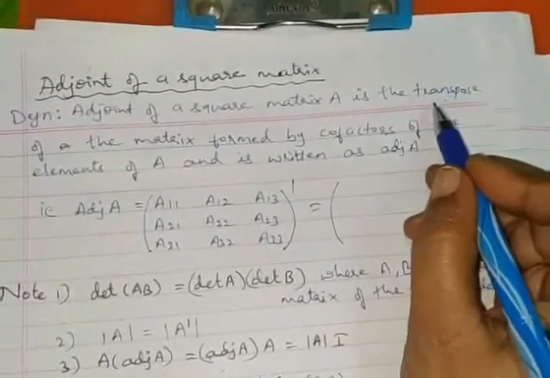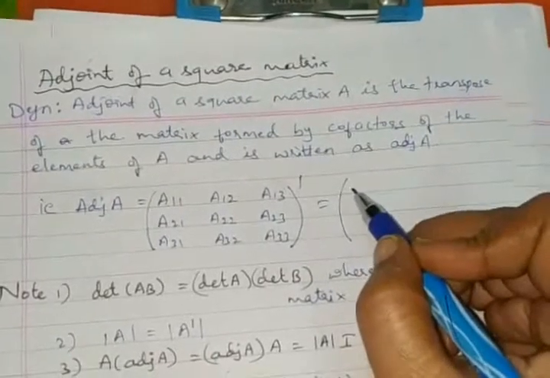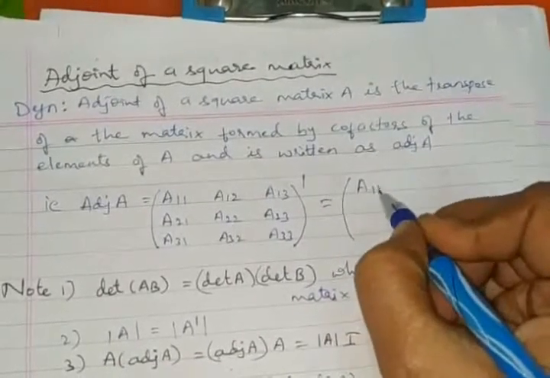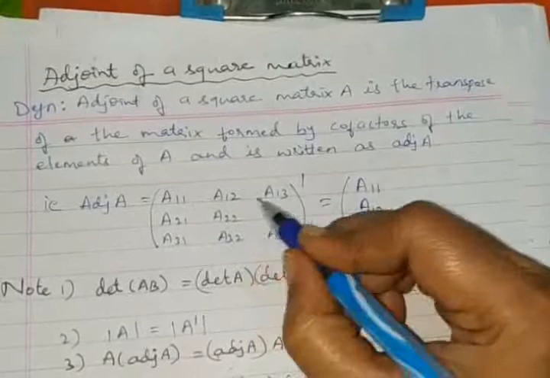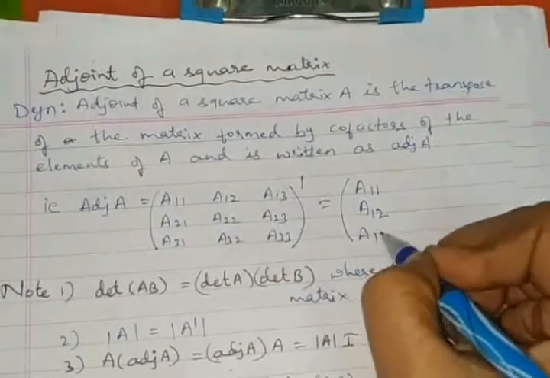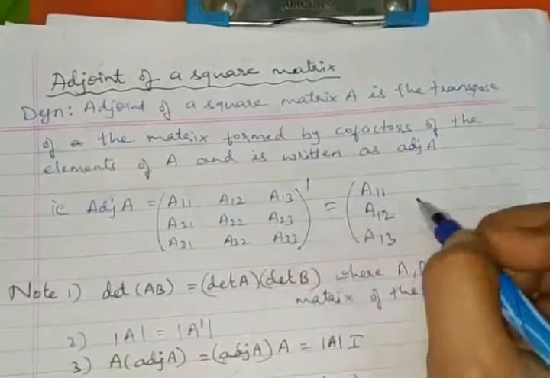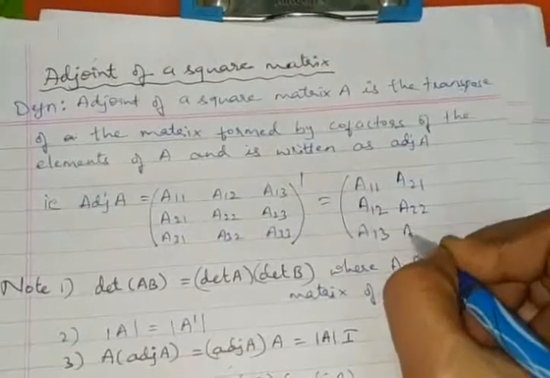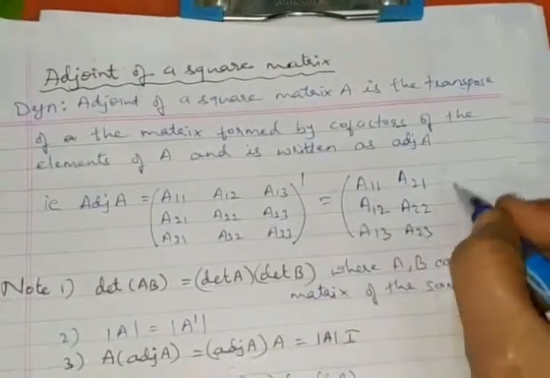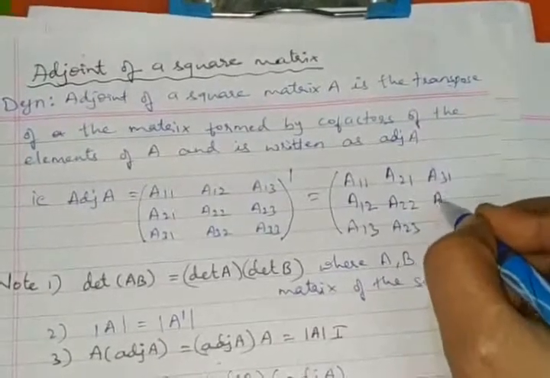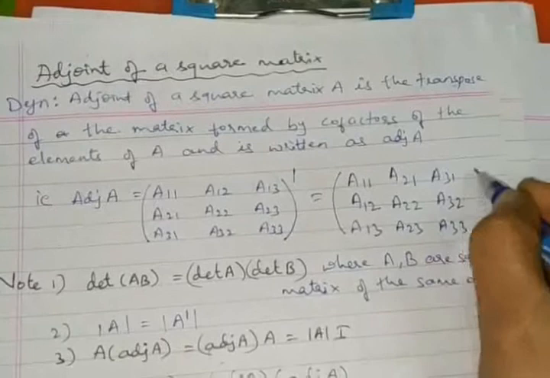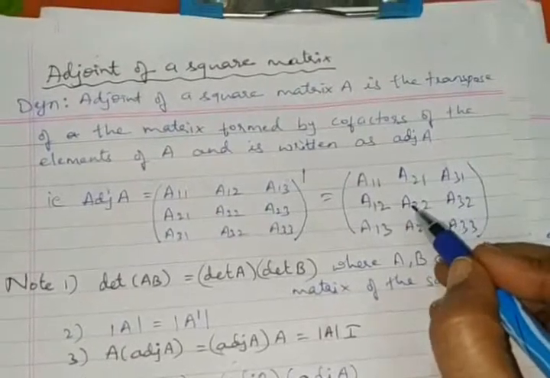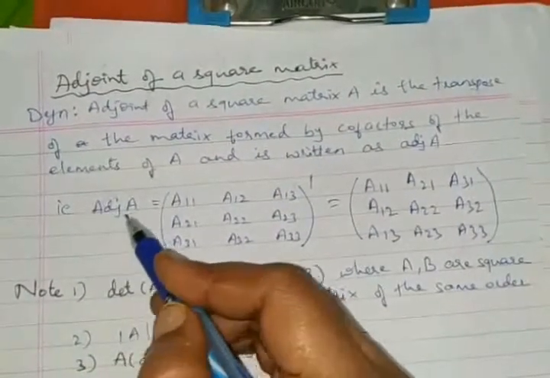This transpose word you have come across in the previous chapter, the matrix chapter, where the first row will be taken as the first column, that is A11, A12, A13. The second row as the second column, that is A21, A22, A23. The third row as the third column, A31, A32 as well as A33. So this type of matrix arrangement is called the adjoint of the square matrix A.